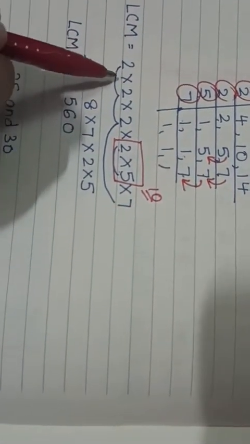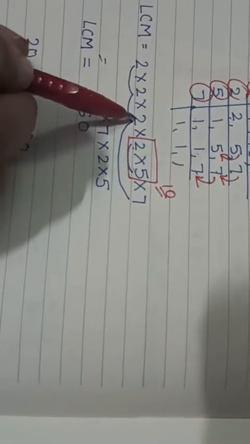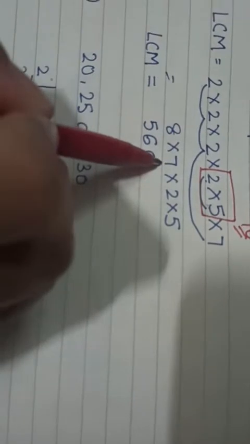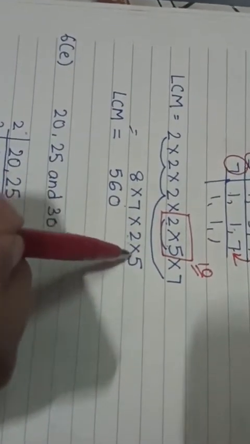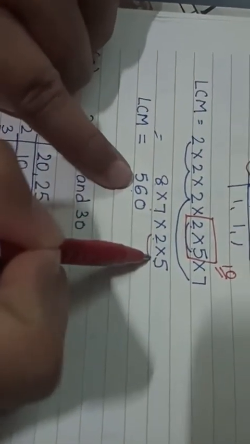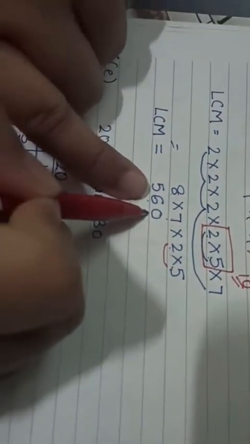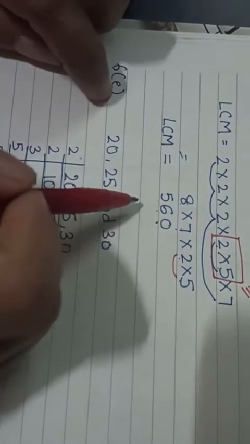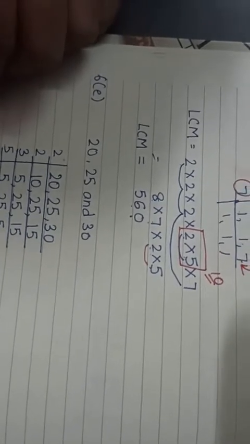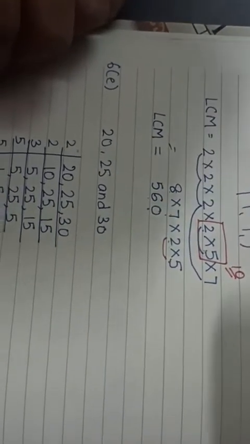Remaining, we have these three. 2 2s are 4, 4 2s are 8, and this is 8, this is 7, and 2 and 5 I've written separately. I know 8 7s are 56, and 56 into 10 will be 560. So when you are doing the grouping method or shuffling them to your choice, it becomes easy to find the product of so many factors.